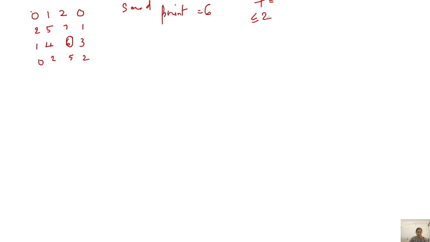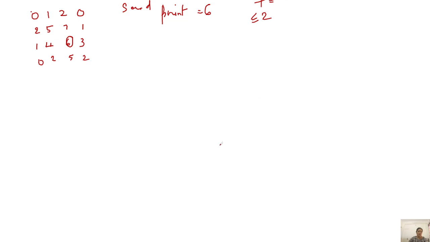I am finding the absolute difference using only the 4 connectivity with the seed pixel 6, and if it is less than or equal to 2, then I include it in the region. If not, I do not include it.